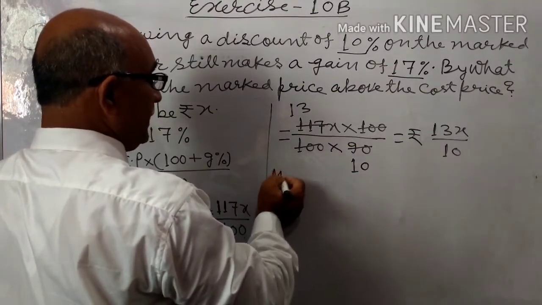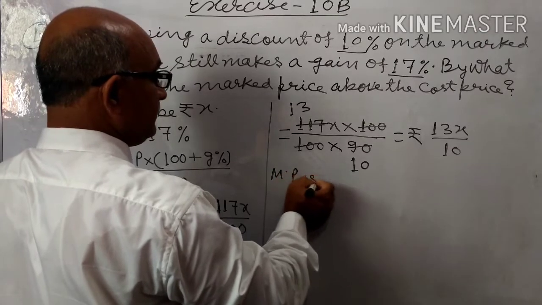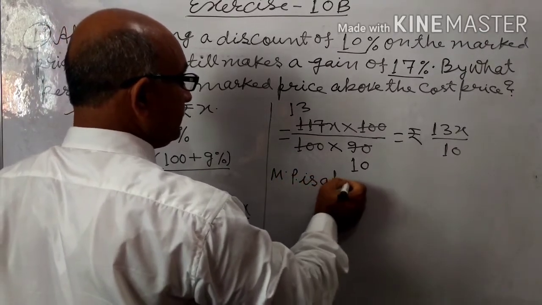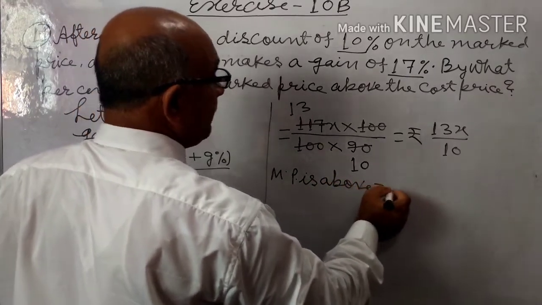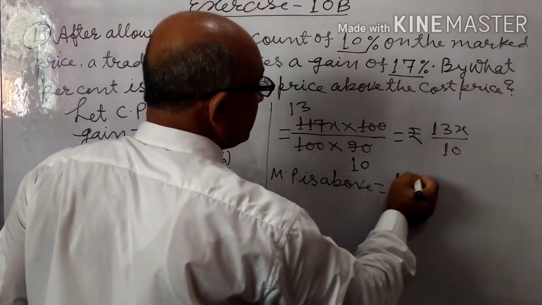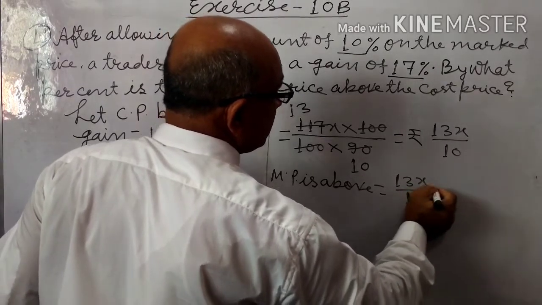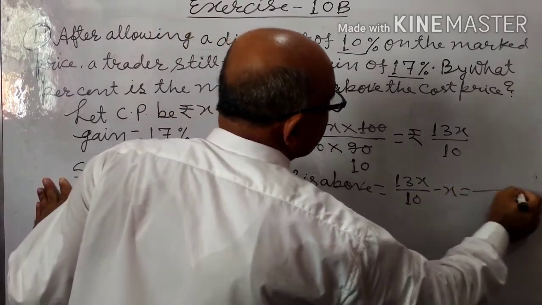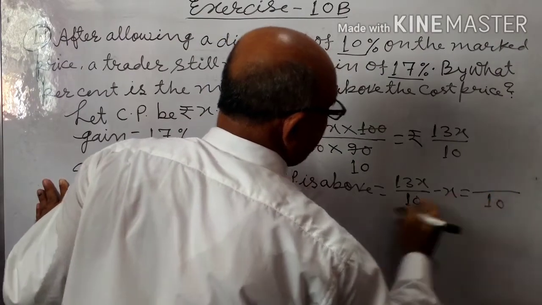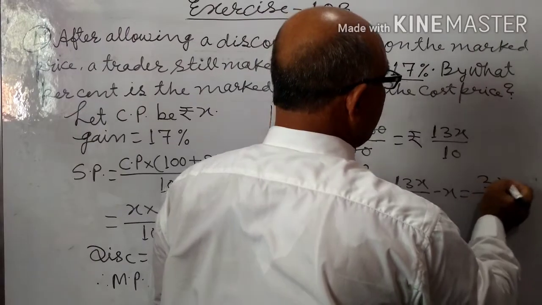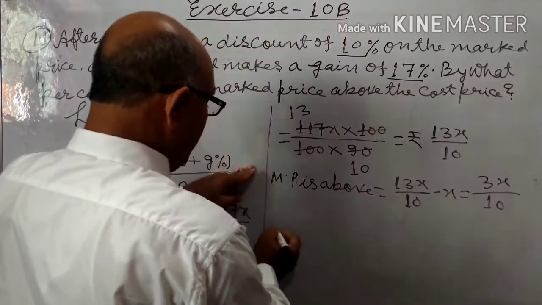So MP is above CP by 13x by 10 minus x, equal to LCM 10, 13x minus 10x equal to 3x by 10. Now above percent.